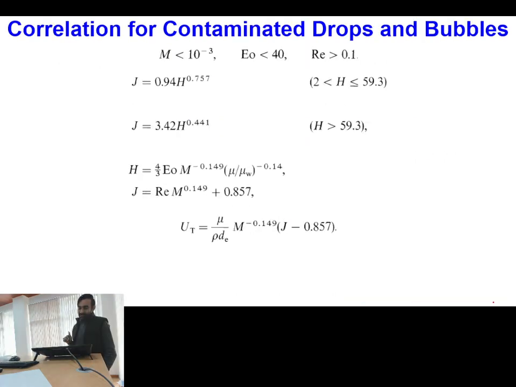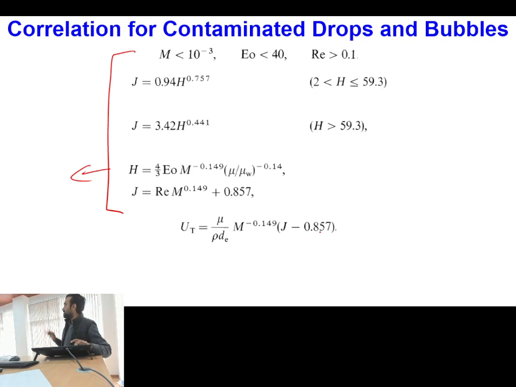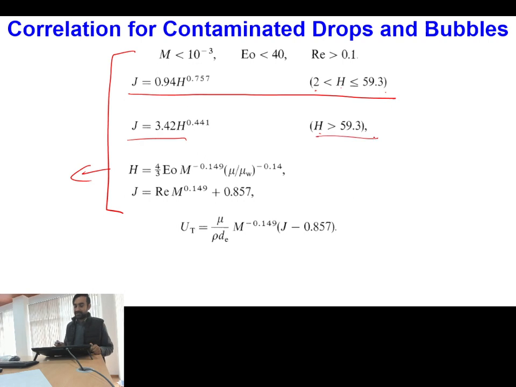Now, I already told you that this is for a contaminated system. These are the equations with the help of which we can mimic the complete velocity profile, which I have shown earlier. Here you can see the first relation is applicable for H values from 2 to 59.3, and the second relation is applicable for H values greater than 59.3.